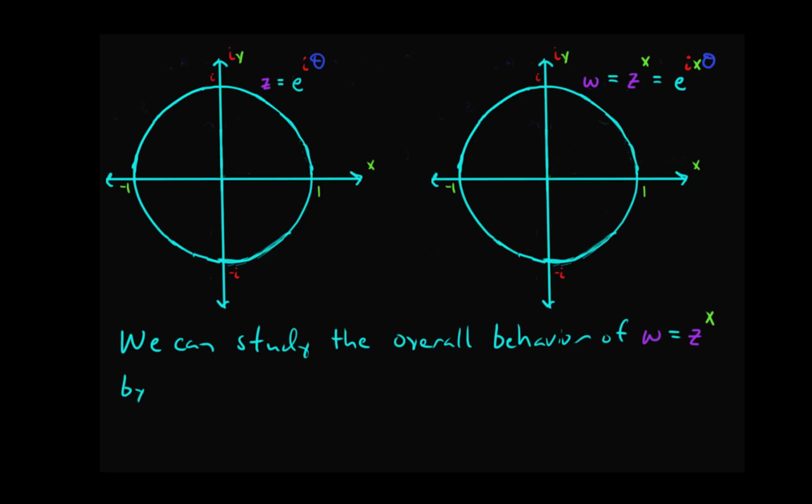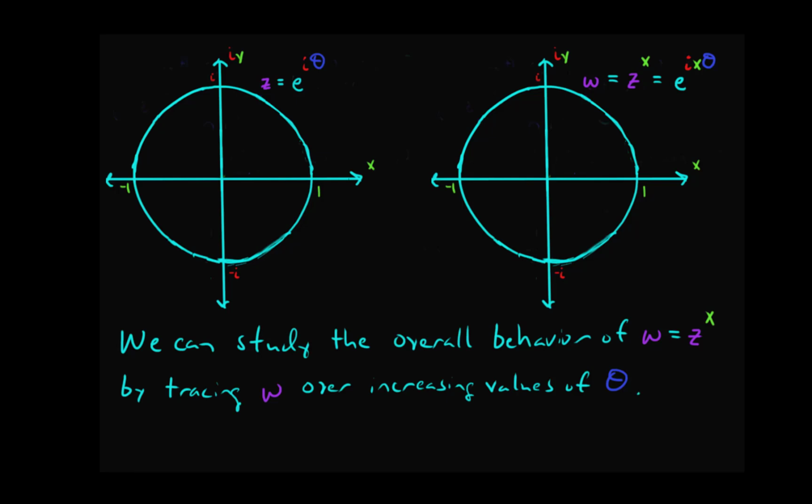And we can look at the overall behavior of the function by just focusing on what it does to the argument of z. So we're going to be tracing w over increasing values of theta.